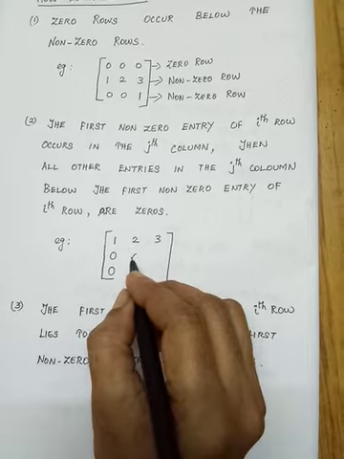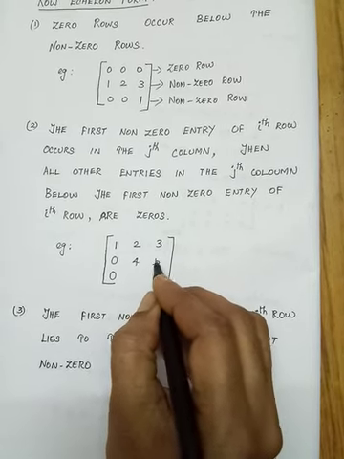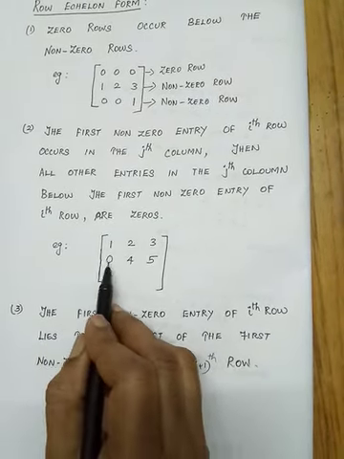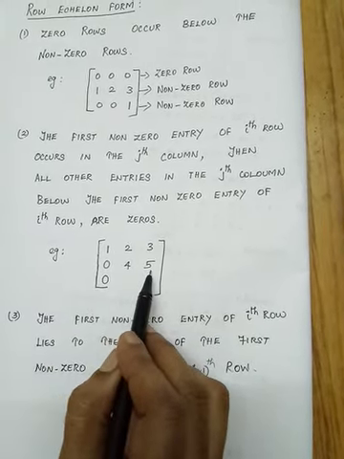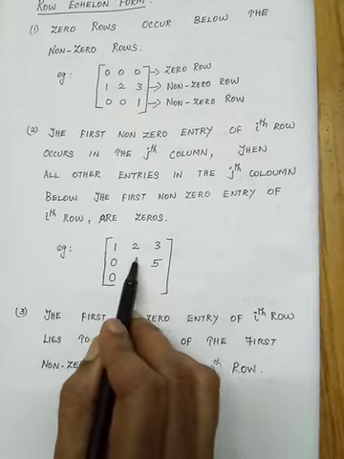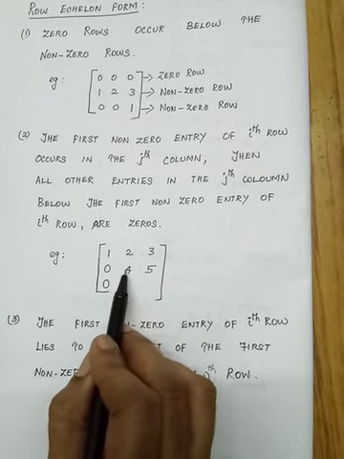Suppose I take the second row as 0, 4, 5. Look at the second row. Which is the first non-zero entry? The first non-zero entry is 4.